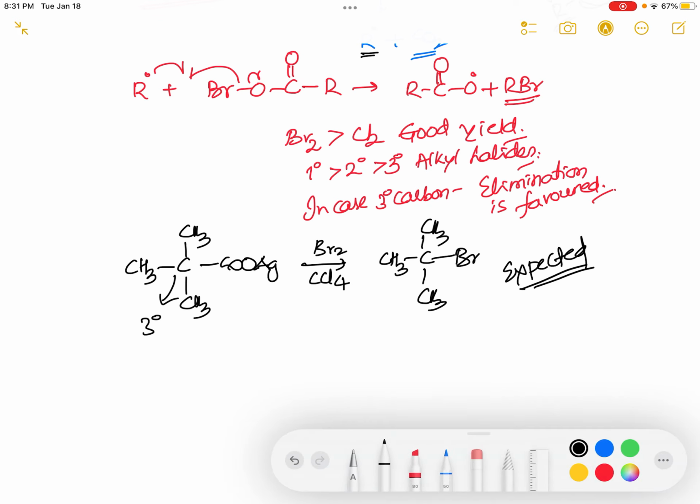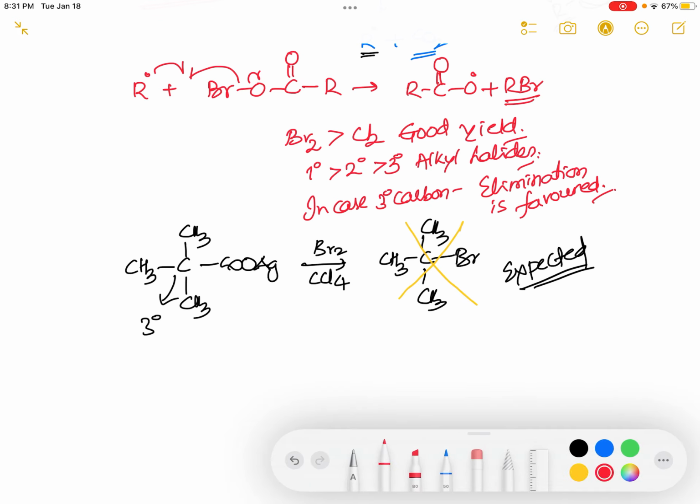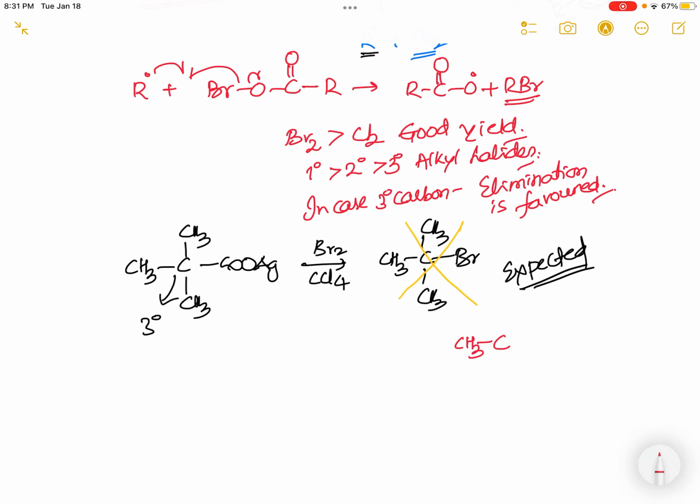But actually you won't get this one; an alkene is formed. So it should not be used for this. And for iodination also we should not use it, because it gives you an ester.